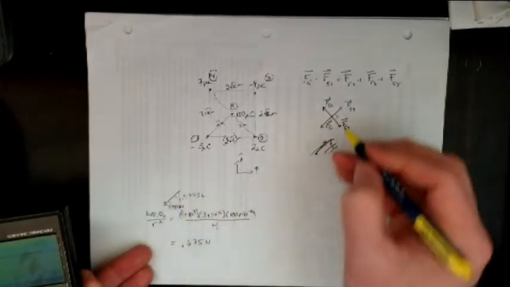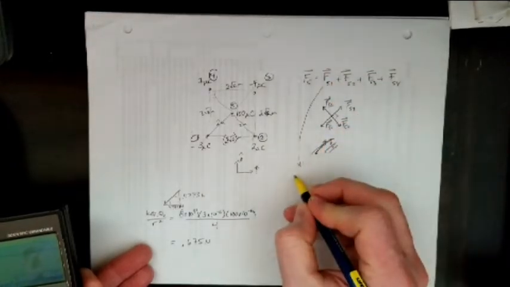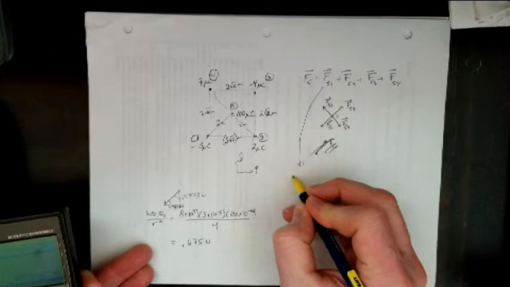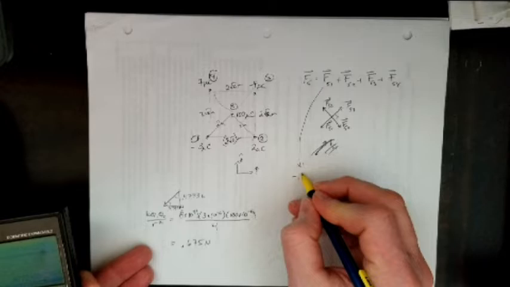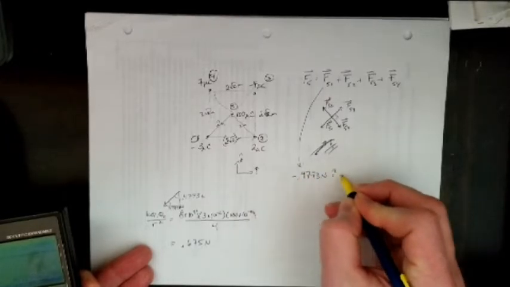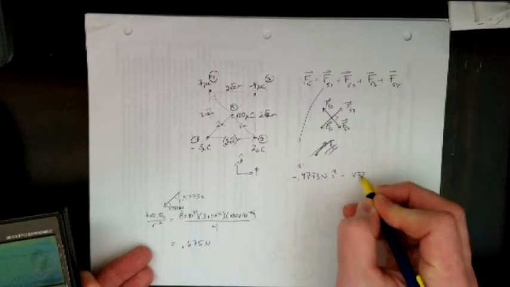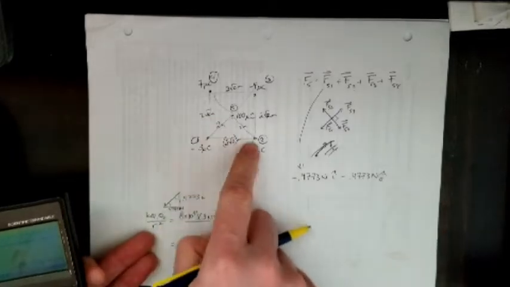And so this right here is to the left, so negative, and down. So it's completely opposite of that. So negative 0.4773 newtons i hat minus 0.4773 newtons j hat.